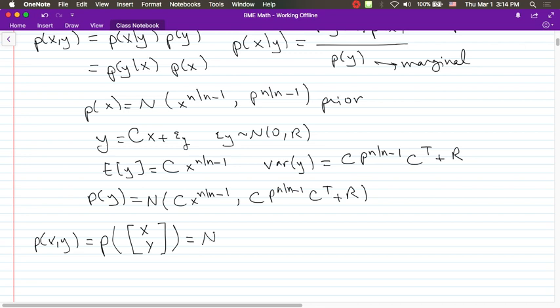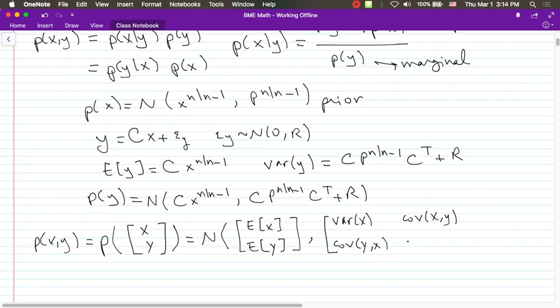So that's a normal with a mean, expected value of x and expected value of y, and it has a variance that's a matrix: variance of x, covariance of x and y, covariance of y and x, and variance of y.